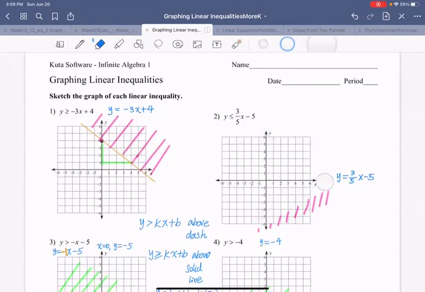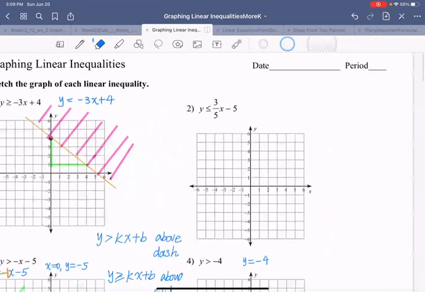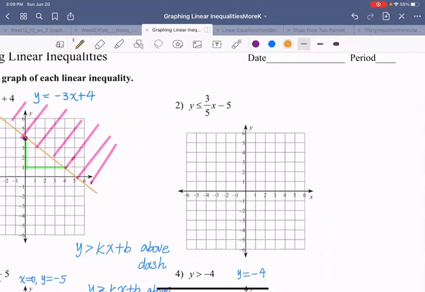Sean Lee. Next one. So the intercept is, wait, first it's y equals 3 over 5 x minus 5. Good. Okay, next.